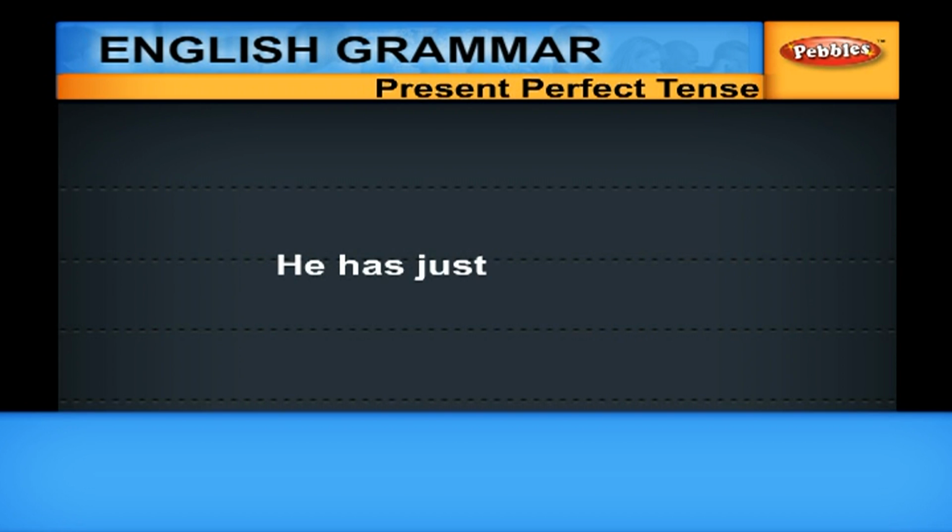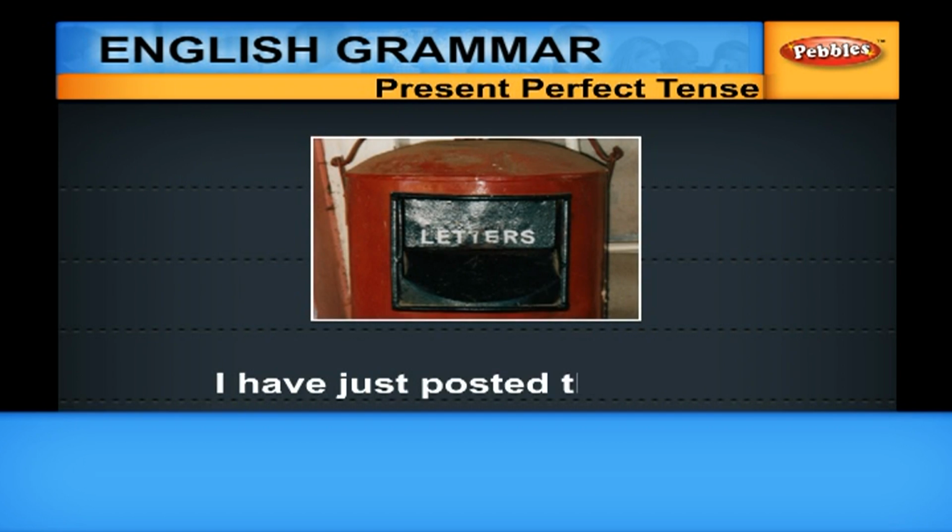He has just gone out. Gone is the VEN form of go. I have just posted the letter. Posted is the VEN form of post. So, when you refer to an action just completed, you can use present perfect.